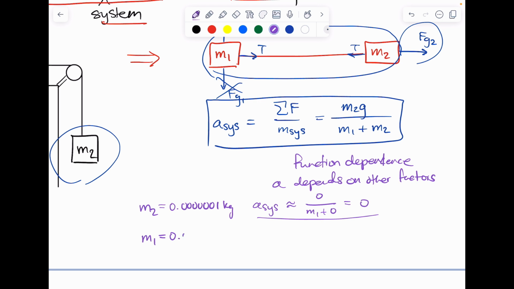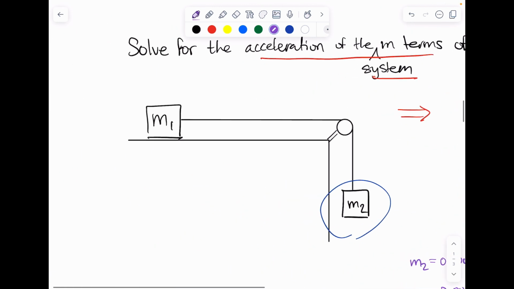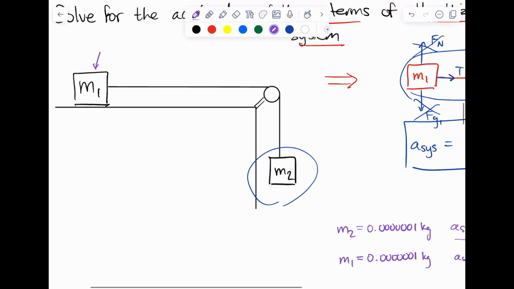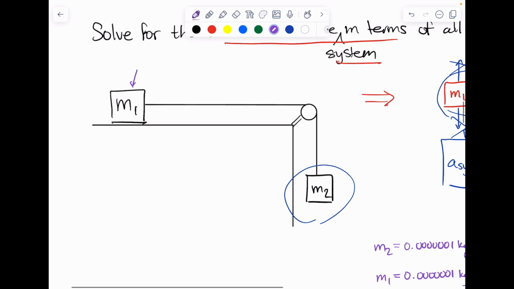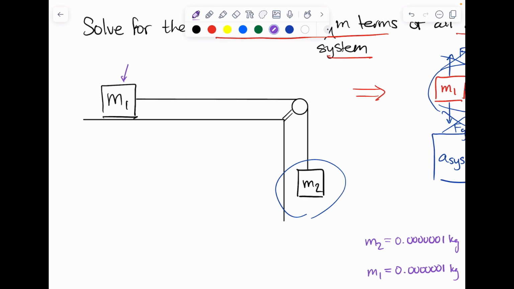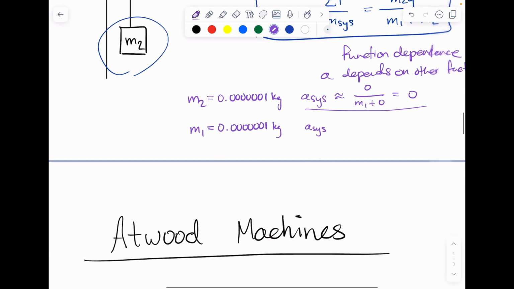Kind of do the same trick for m1, right? If m1 was extremely tiny, what would you expect? Well, if this guy is extremely light, he would be a lot easier to accelerate. So we might expect that the acceleration of the system would increase. What would it increase to? Would it increase forever? Well, let's see.